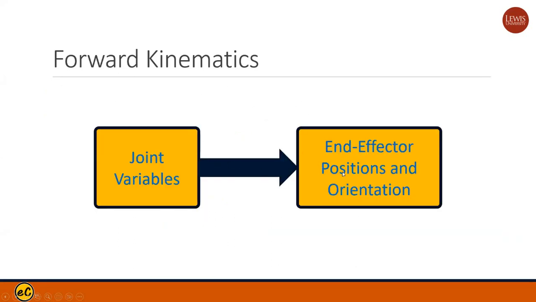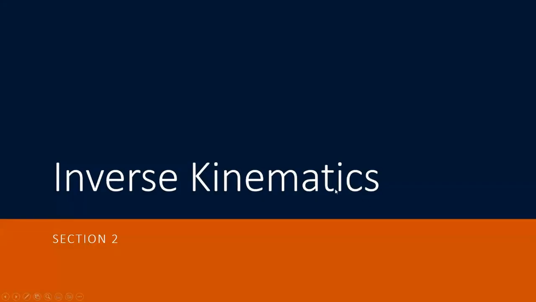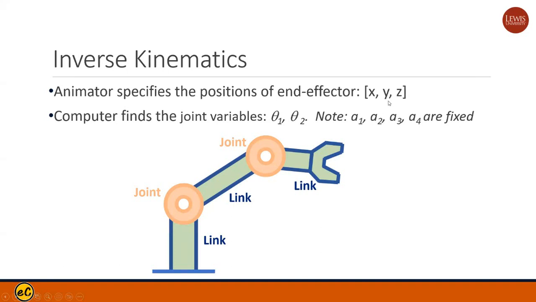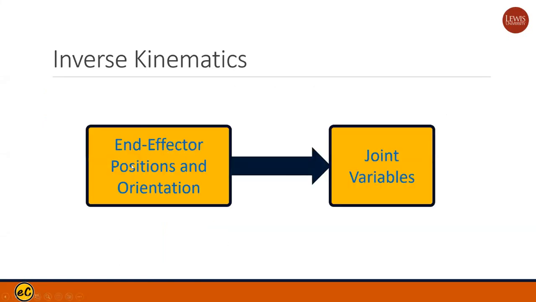This is called forward kinematics: from joint variables, find the end effector position or orientation. Inverse kinematics, on the other hand, is that I know where I want to go, so how can I get there? That's the problem I need to solve. From the XYZ, I go back to solve for theta 1, theta 2. A1 through A4 are fixed, and only theta 1 and theta 2 guide my robot to the right location. This is from end effector position and orientation to finding your joint variables. This is inverse kinematics.